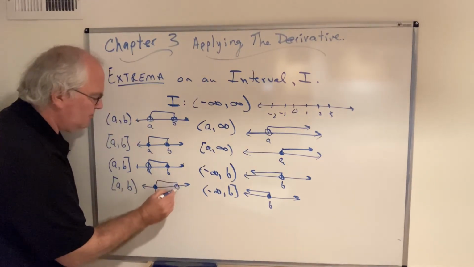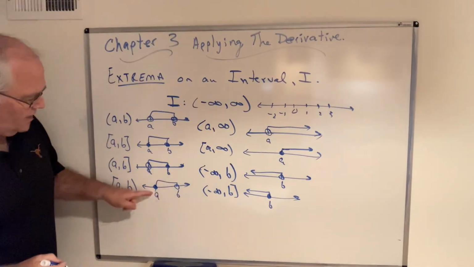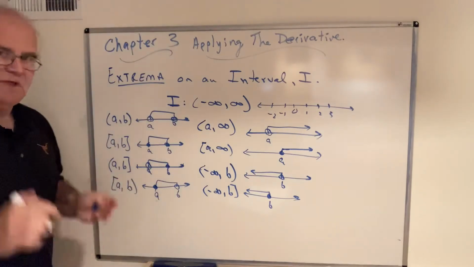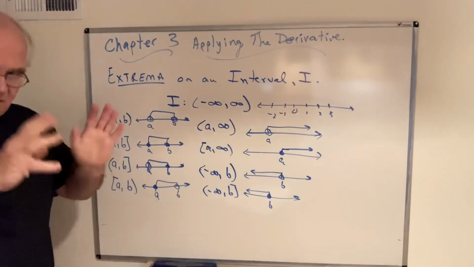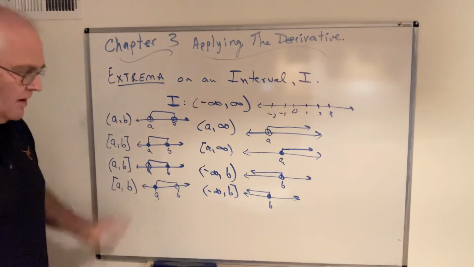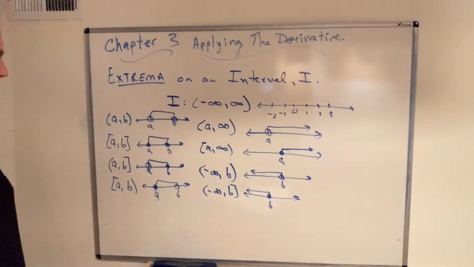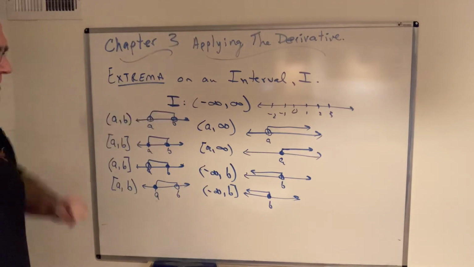And that goes to B. We include A, do not include B. These are all the various types of intervals that we will consider. If you hang around the coursework long enough, there are more things on offer than this. But for us, for now, that would be 9 types of intervals.